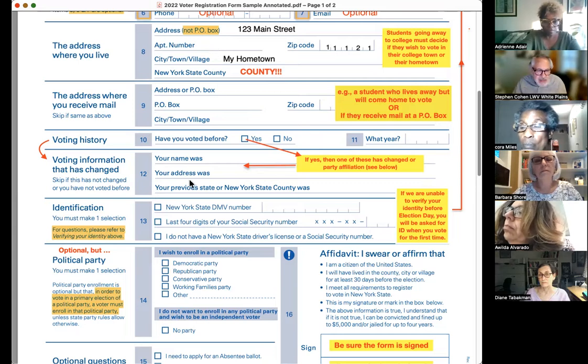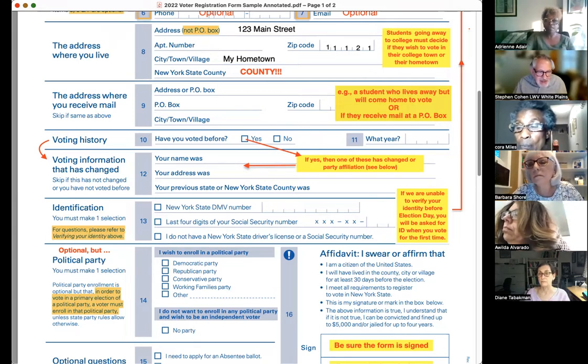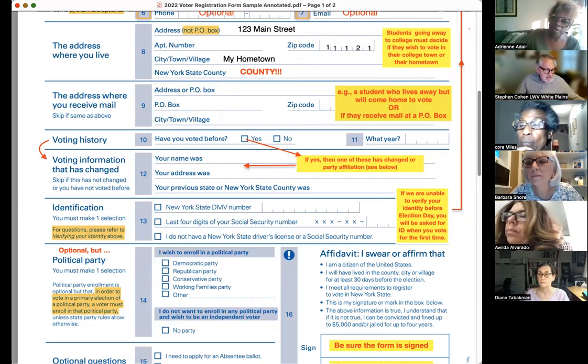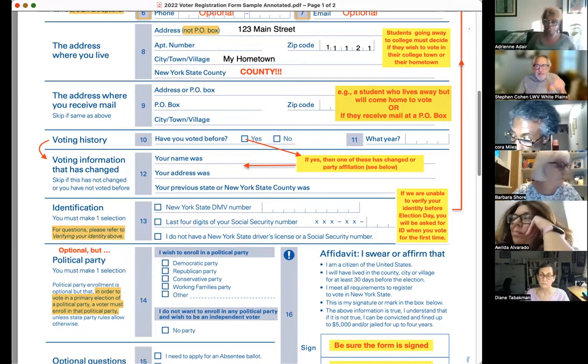Now, someone raised their hand, and that was Adrian. Adrian, did you have a question? Hi, yes. I worked for the Department of Social Services, and I was in the homeless unit for several years.